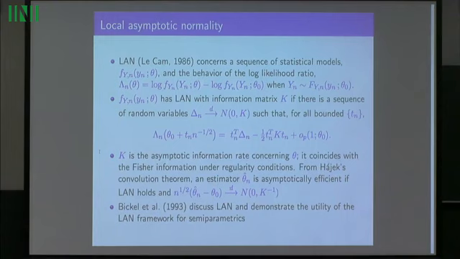The basic assertion is that the log likelihood is in some sense asymptotically quadratic, and this has been useful in the framework of semi-parametrics. The details of local asymptotic normality are all to do with the exact form of this quadratic limit that turns out to have nice consequences for inference.